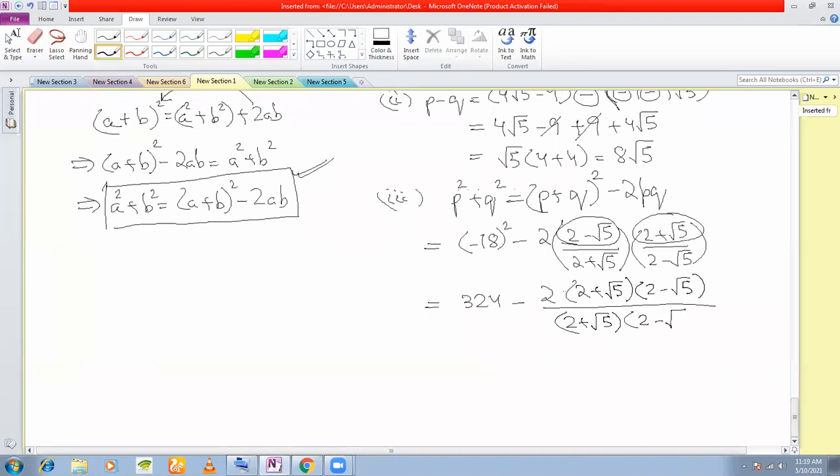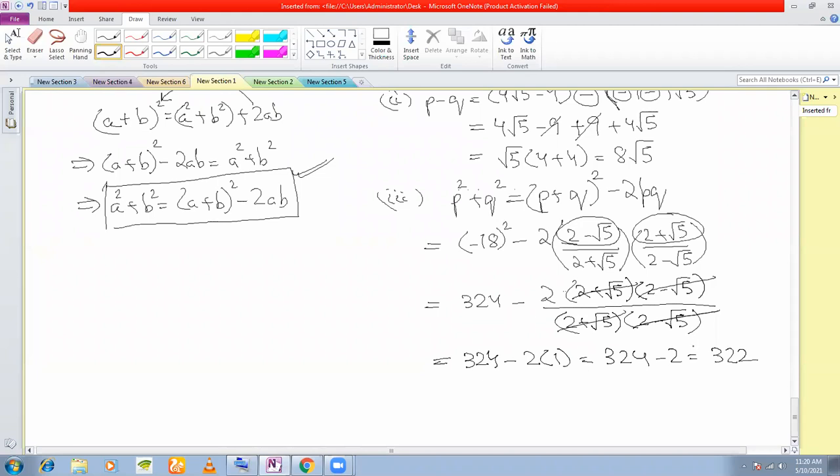But what you see here is these two cancel: 2 plus root 5, 2 plus root 5, 2 minus root 5, 2 minus root 5. They actually cancel out. So it becomes very easy. 324 minus, they cancel out, you get 2 into 1 simply. So you get 324 minus 2, which is 322. And that is your answer.